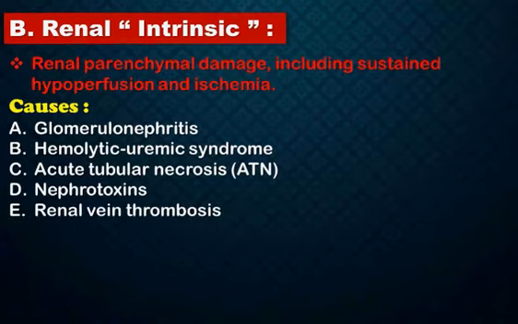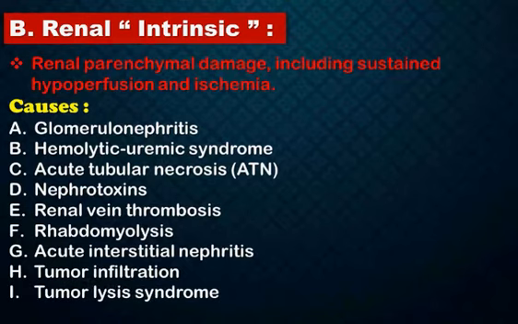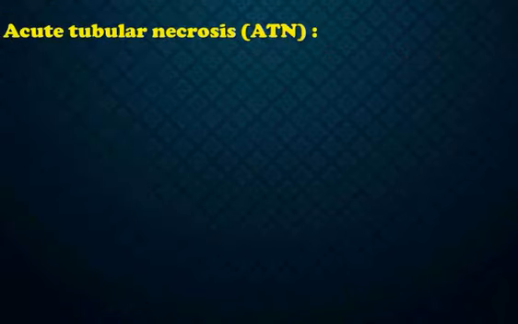We are talking about the renal vein, so inside the kidney. Rhabdomyolysis, excessive muscle exertion affecting the renal parenchyma and its function. Acute interstitial nephritis, tumor infiltration, of course, affecting the functioning units of the kidney, and tumor lysis syndrome after taking chemotherapy, also affecting the intrinsic function of the kidney.